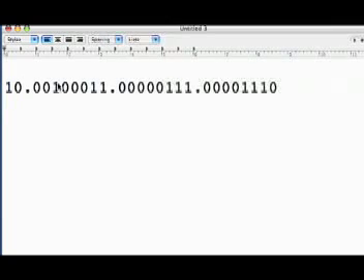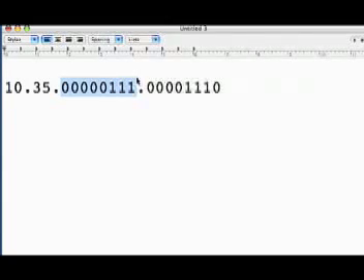So 32, 33, 34, 35. Next, 1 plus 2 plus 4, that's 7. And here, 0 plus 2 plus 4 plus 8 is 14.